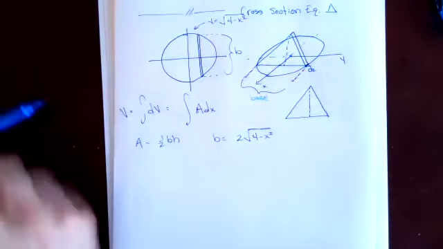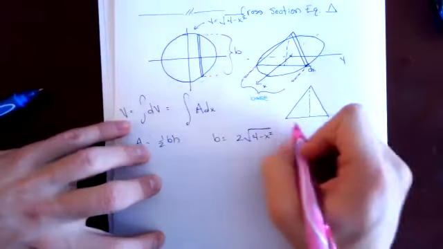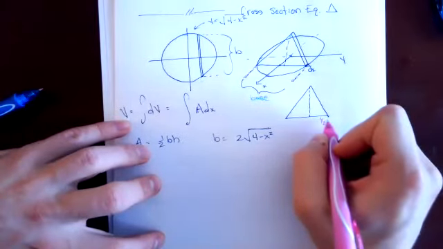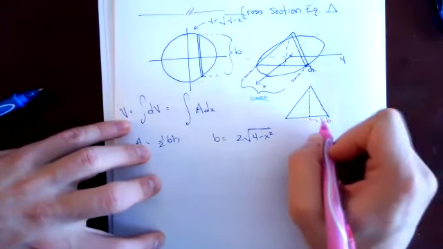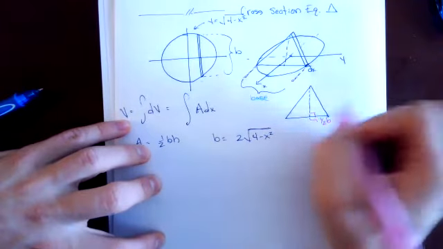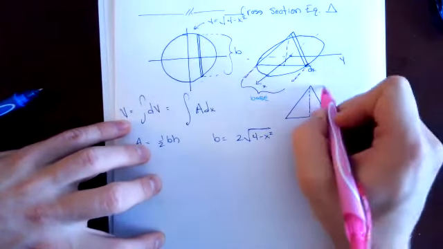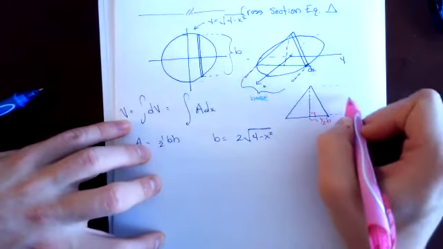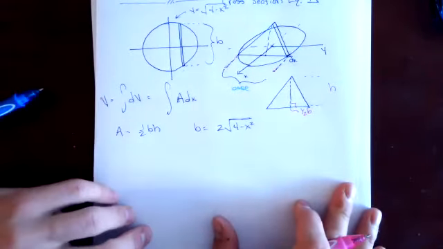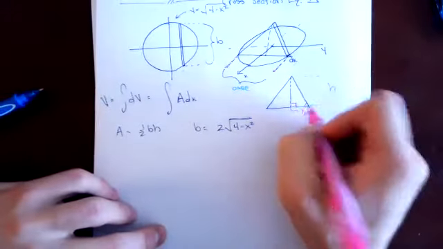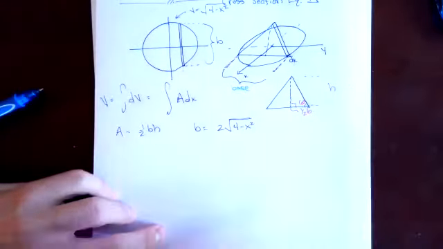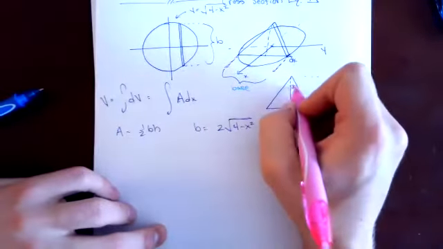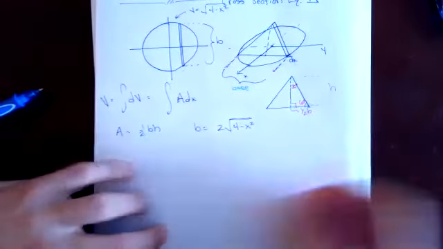Got to remember all your geometry and trigonometry. So if I have half the base, since I have an equilateral triangle, what is the height? An equilateral triangle has 60 degree angles, which means we get a 30-60-90 triangle.